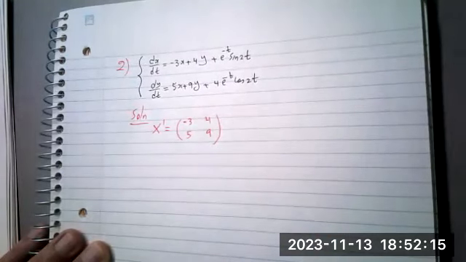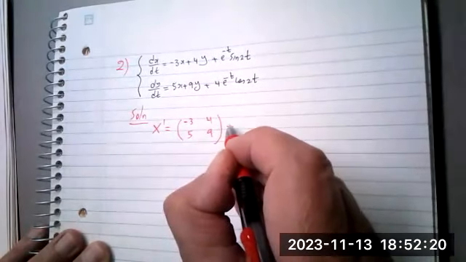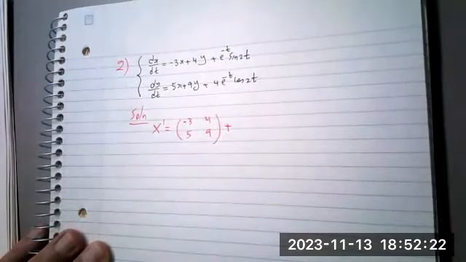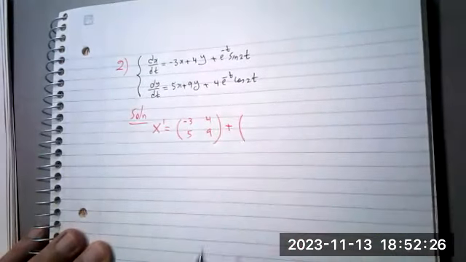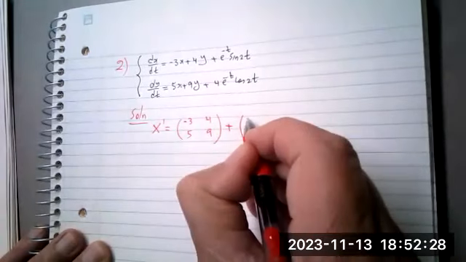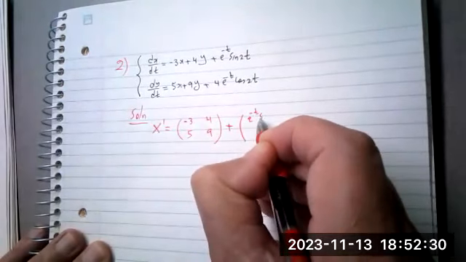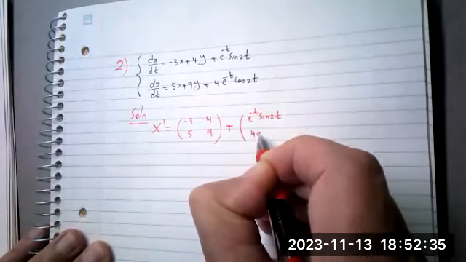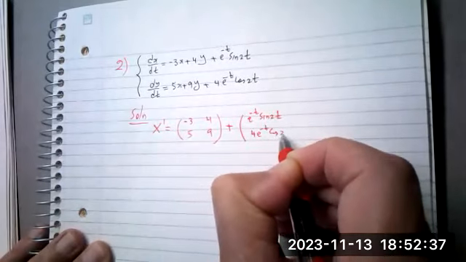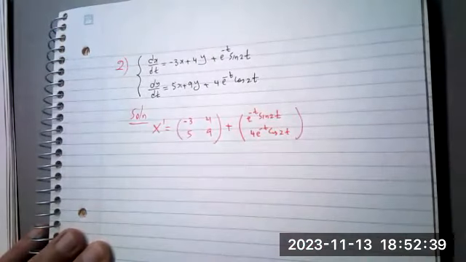And you have an extra term now, so you have to introduce a new column vector. The first part is going to be e to the -t sine of 2t, and the second part would be 4e to the -t cosine of 2t. So this is going to be the matrix form.